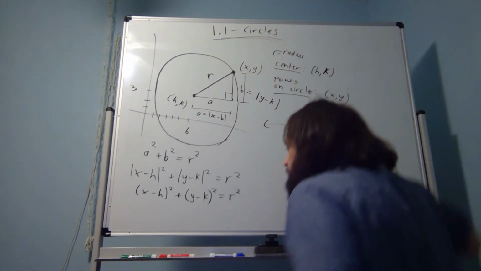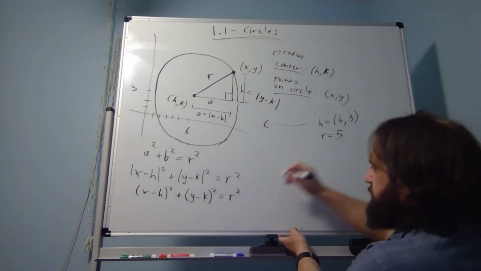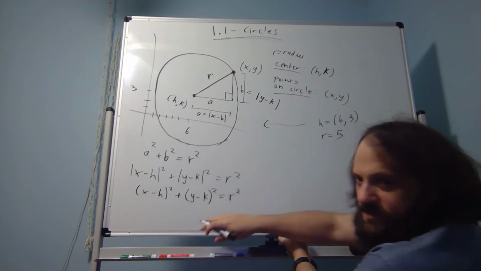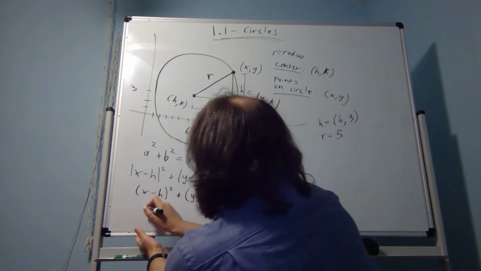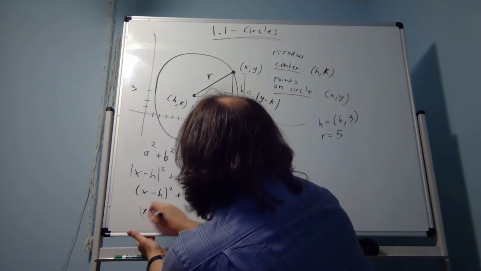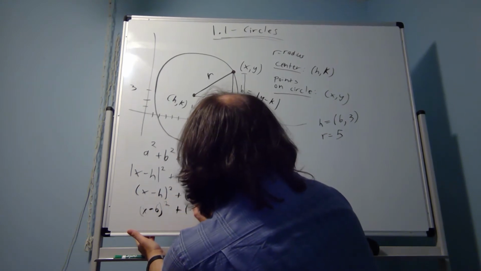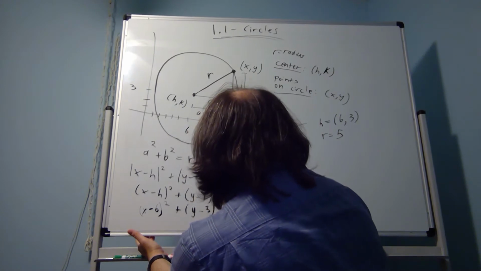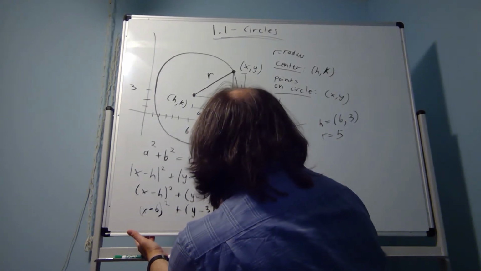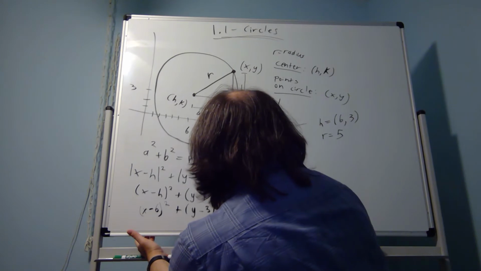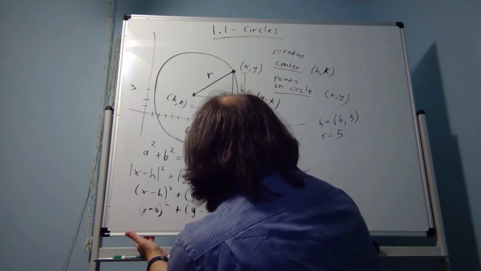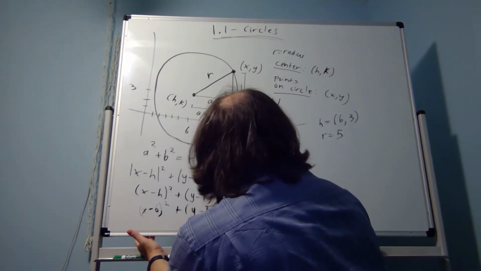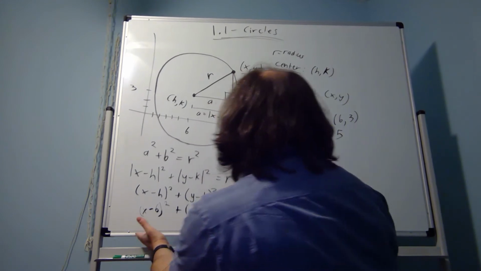So we've got x minus 6 squared plus y minus 3 squared is equal to 5 squared.